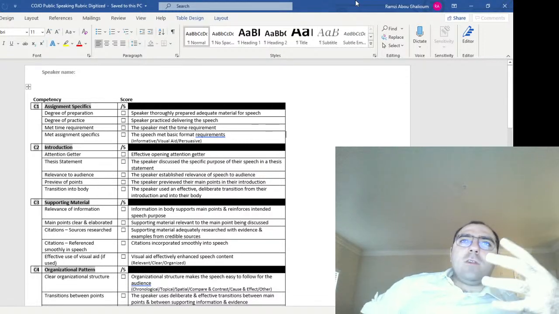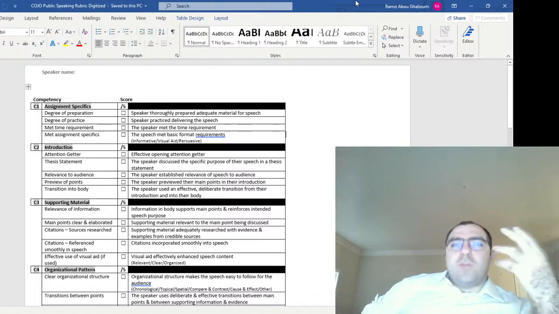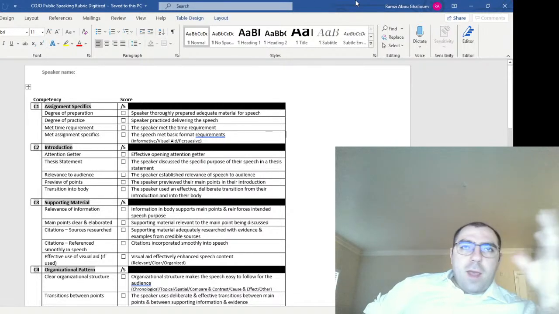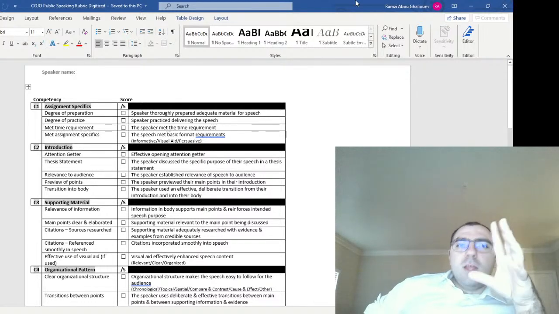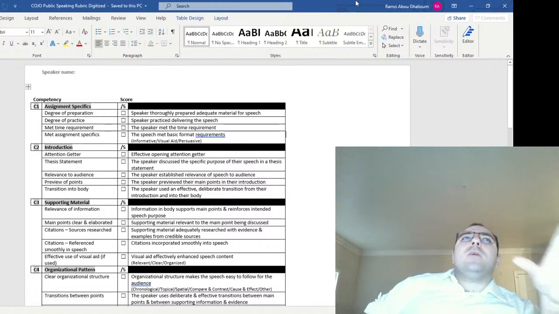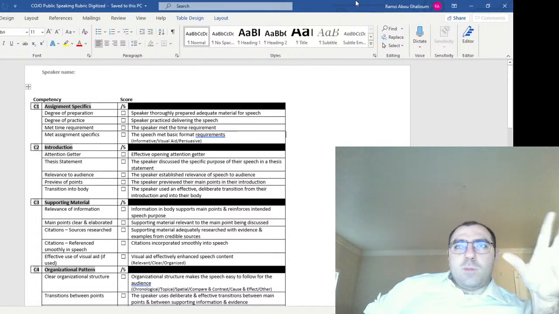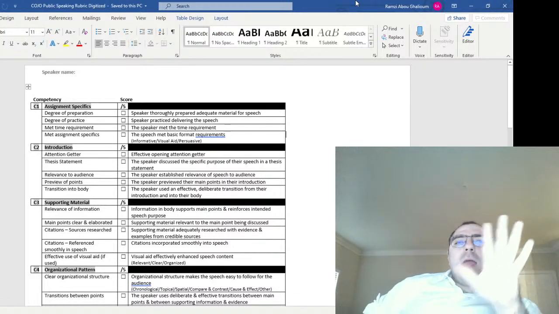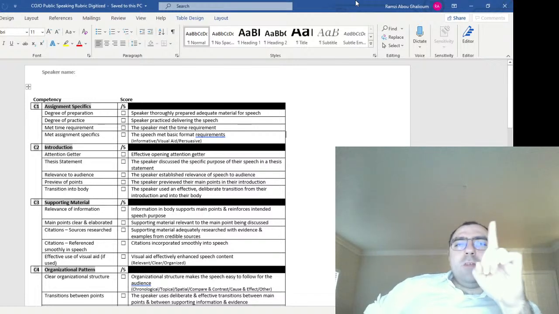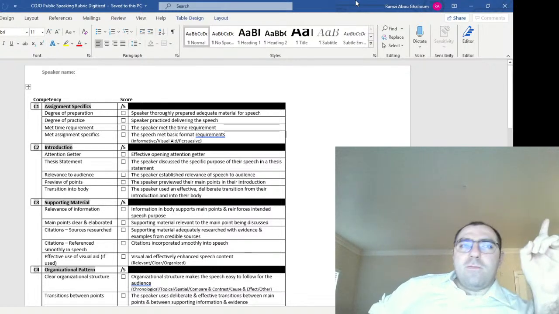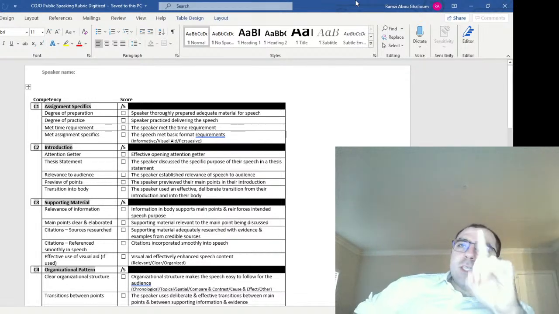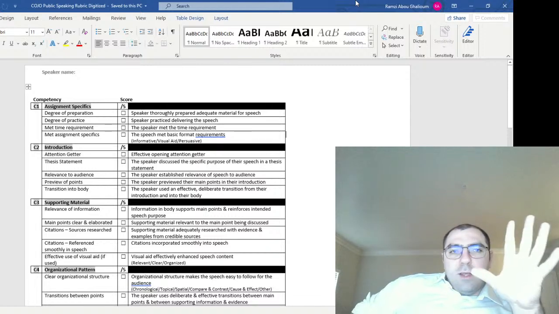At a general level, did you satisfy the requirements for the assignment? Did you prepare? Did you practice? Did you meet the time requirement? The time requirement for our informative speeches is 5 minutes, and you have a leeway of 1 minute on either side. So if you give me a 4-minute speech, or if you give me a 6-minute speech, you will be considered as having met the time requirement.